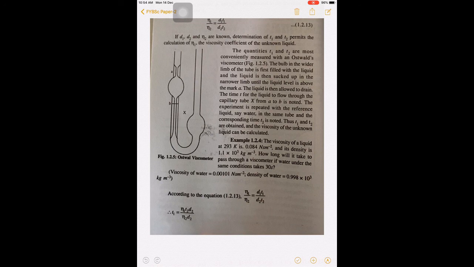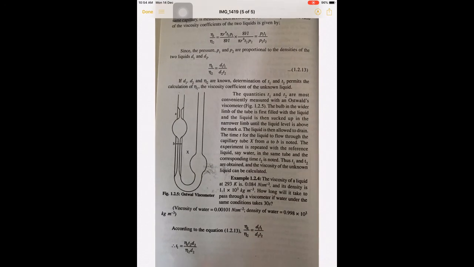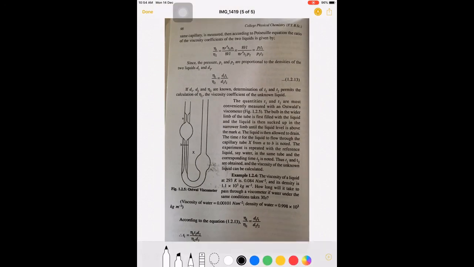So by use of this equation, eta 1 upon eta 2 is equal to d1 t1 upon d2 t2, we can calculate here. I will directly write the values. Eta 1 is 0.084. The viscosity of water is 0.00101.